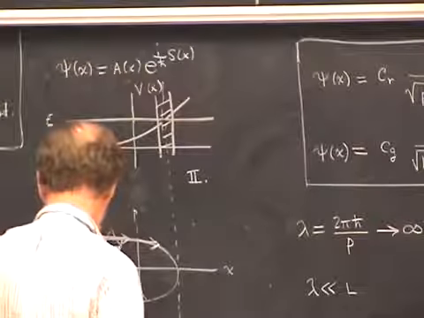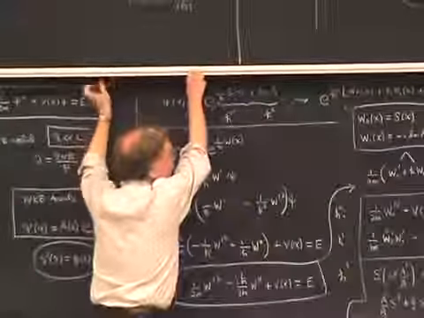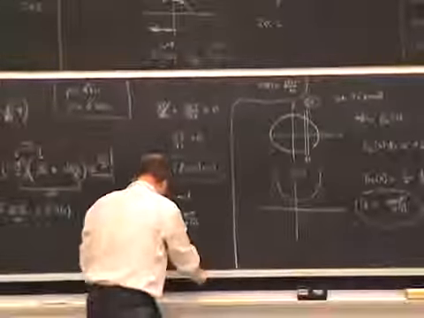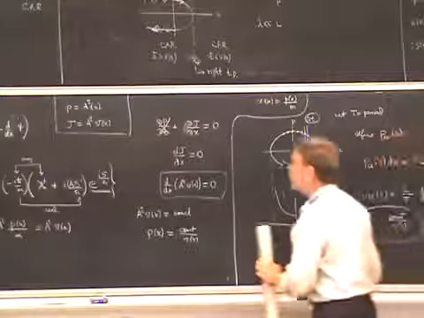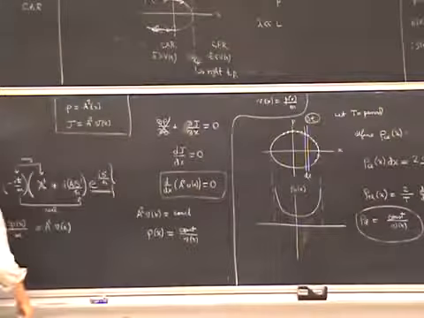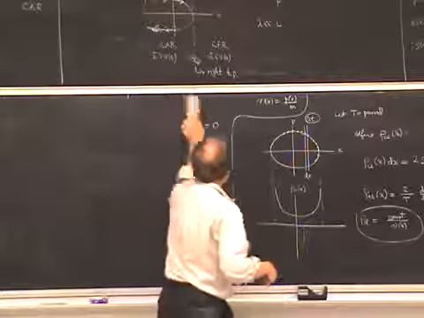It'd be nice if you could, but it doesn't work out like that. So instead, what we need is yet a third solution on top of those two, a third solution which is valid in the immediate neighborhood of the turning point. And this is done like this.